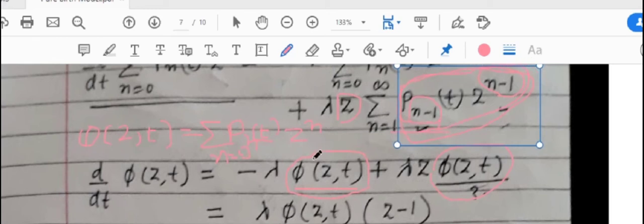Why? Because whatever you get by elaborating this series sum, when n is 0 you get p_0(t) z to the power 0. Here also, if you put n minus 1, again you get p_0(t) and z to the power 0.